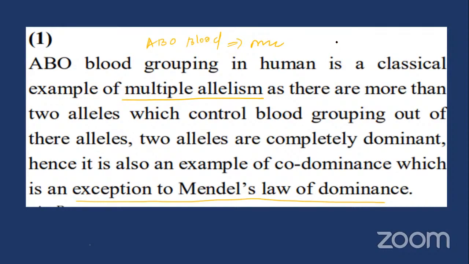How many genes are there? 1 gene controls more than 1 allele, more than 2 alleles. That's why it is called multiple allelism. A single gene controls more than 2 alleles, 2 or 3, whatever it may be. That is an exception of Mendel's law of dominance. That is very, very important.